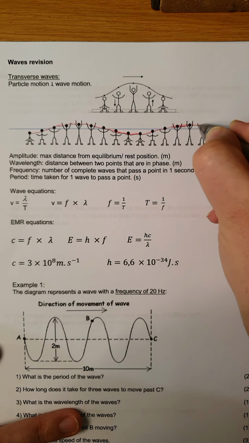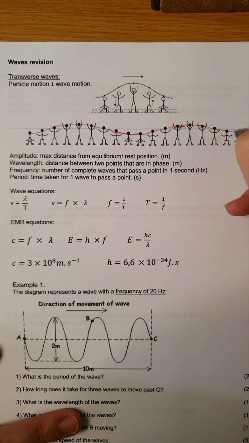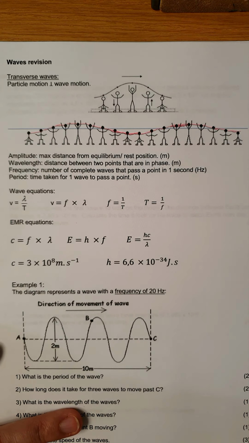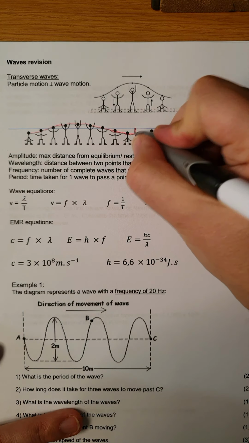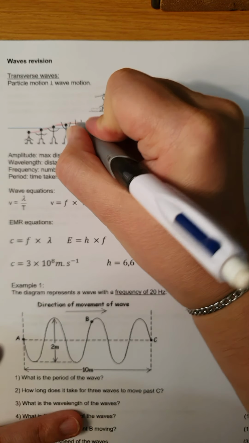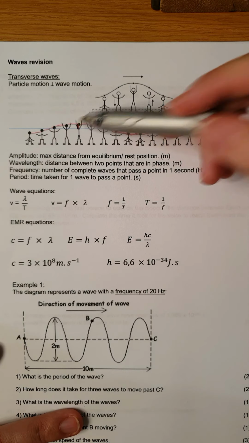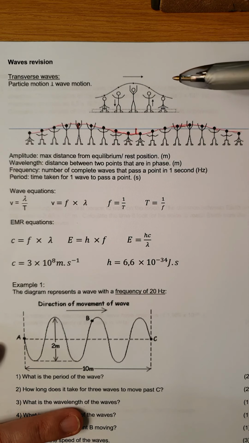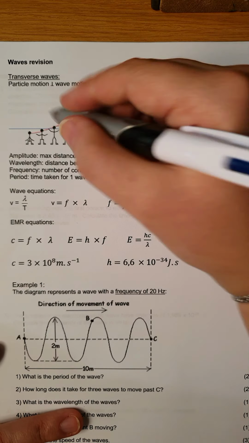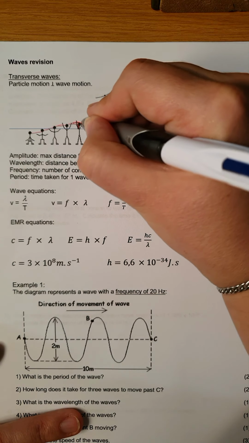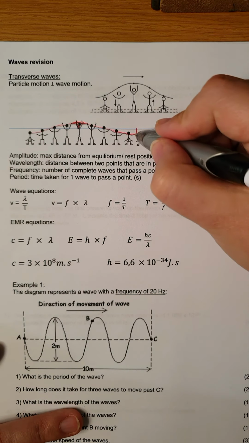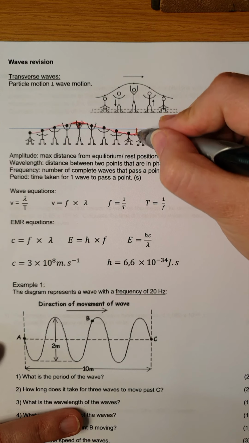Now if we have a look at that, all I've done is I've connected the dots, and you can see here, there and there, to the highest point of a head and to the lowest point of the wave. I'm hoping it's going to be very similar. Okay, this is not scientific, but I want you to see that this is the amplitude.